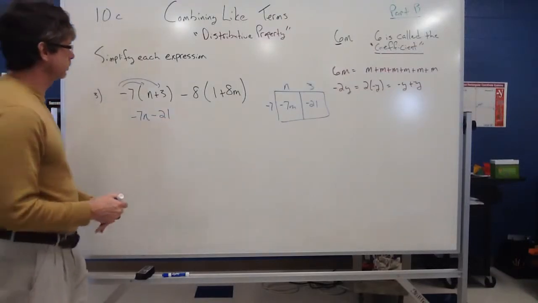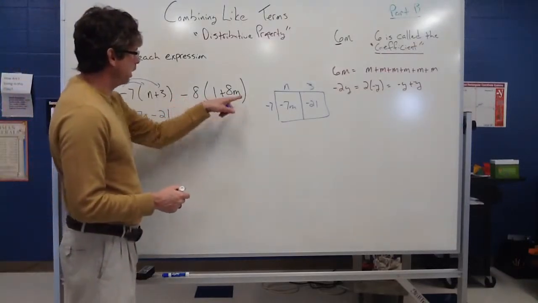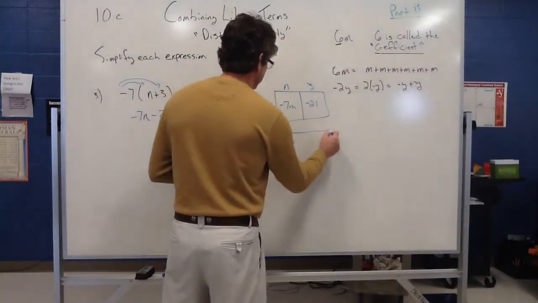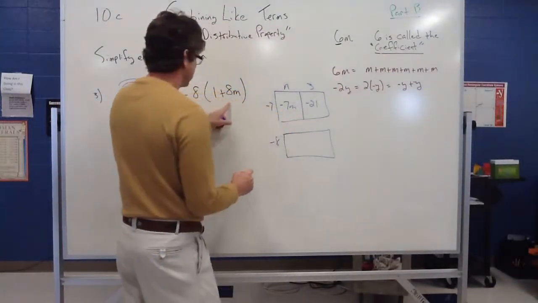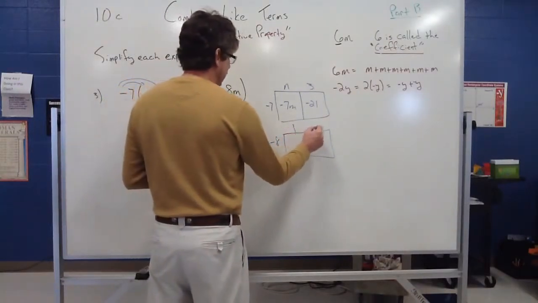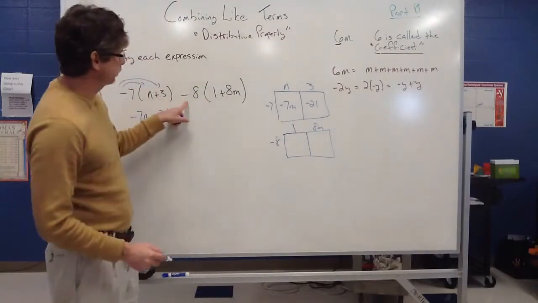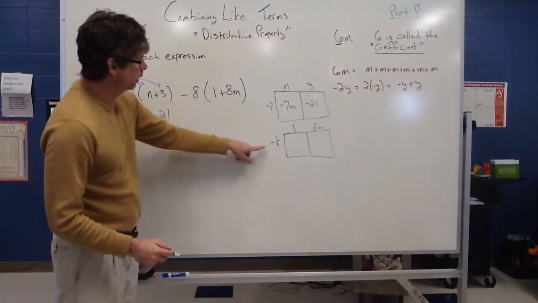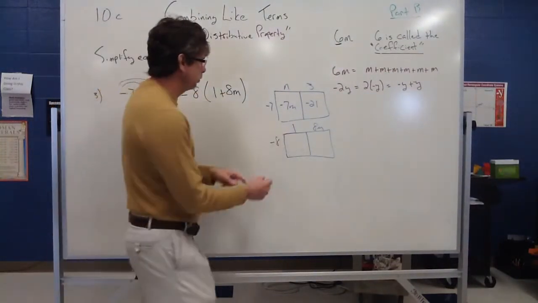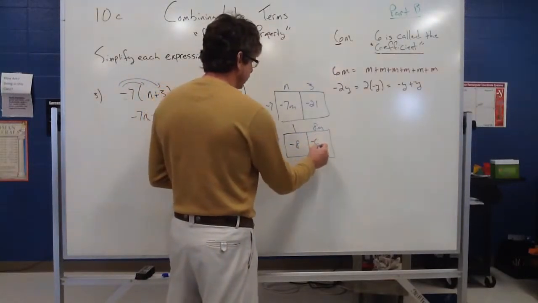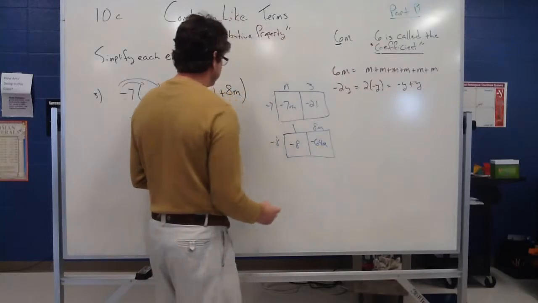We can just write that as a subtraction problem. So I have a -8 times this expression, so I have a -8 times this piece, so we have a 1 and an 8n, make that other edge. So when I have this, notice how that negative goes along with the 8. So I have a -8 times 1, gives me -8. -8 times 8n would be a -64n.